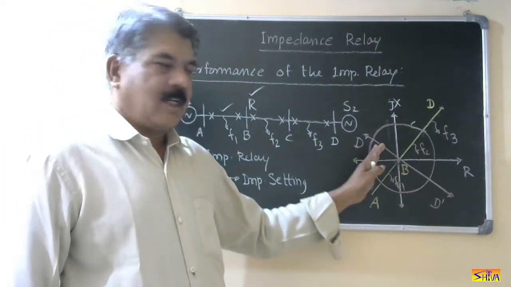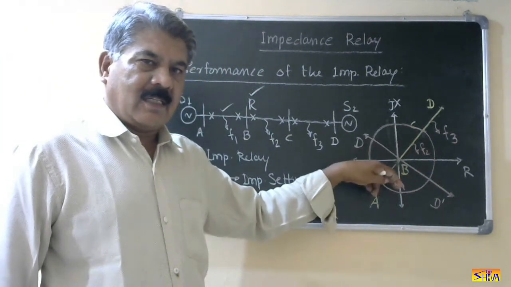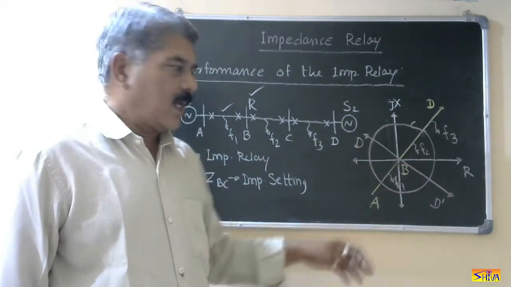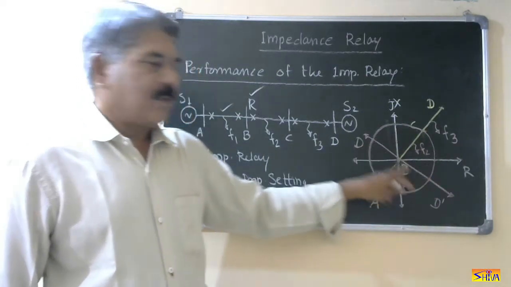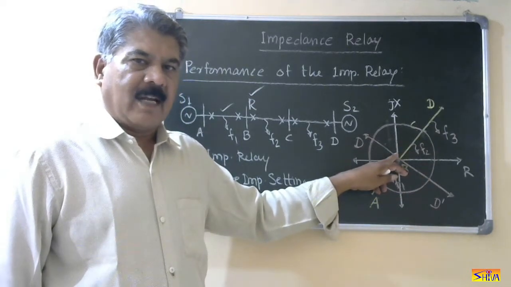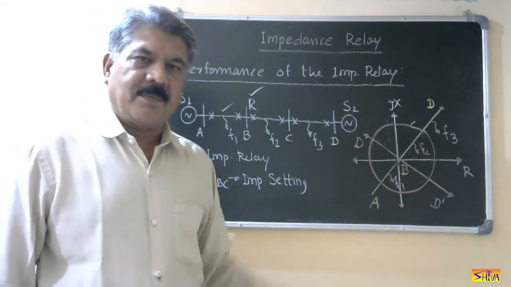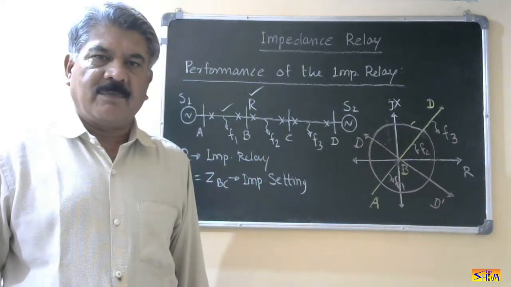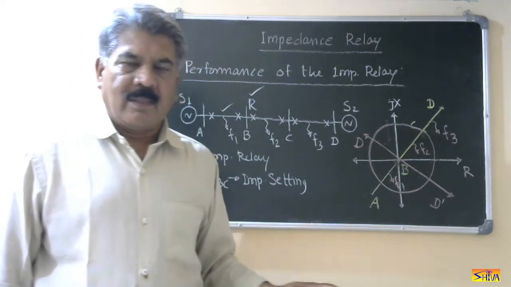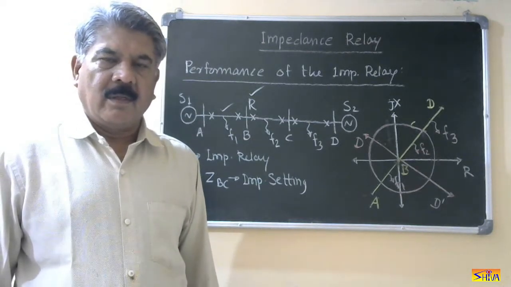So for the directional element, it is above this line. For the impedance relay, inside this circle. So if we consider the intersection of these two characteristics, that will be a semicircle. This is the semicircle. So with this, we find that the relay is not tripping for fault F1. Therefore, in order to provide the directional feature to the impedance relay, we have to use an additional directional element. That is the limitation of the impedance relay.